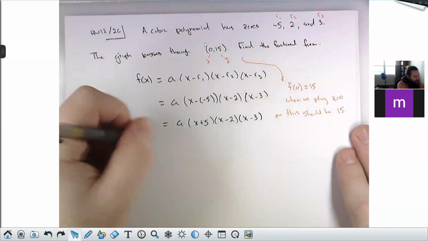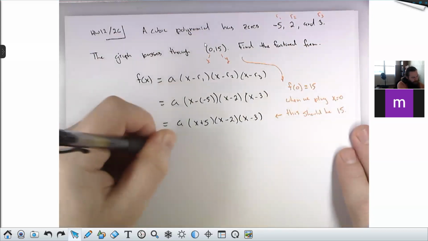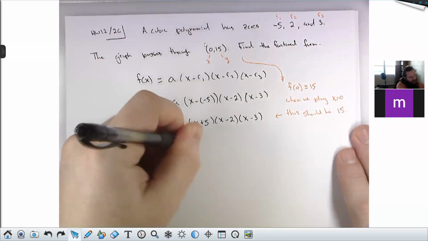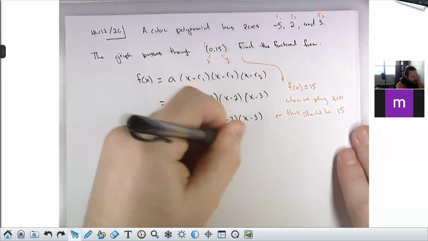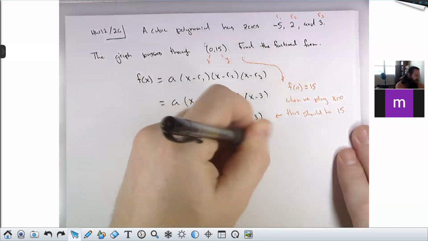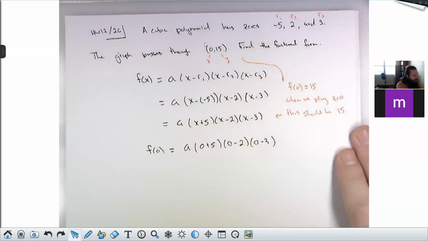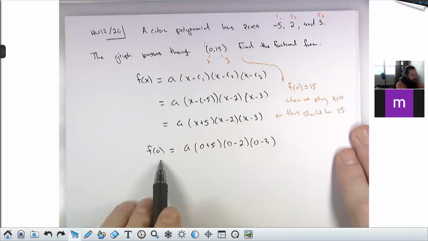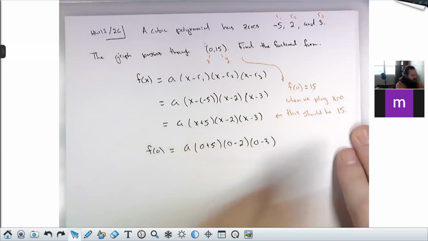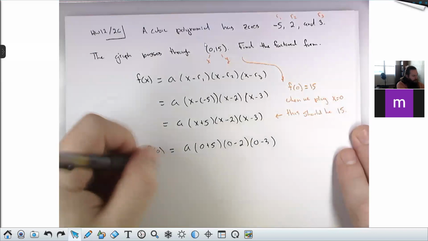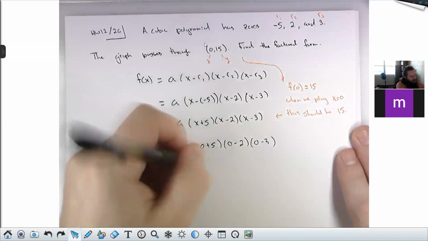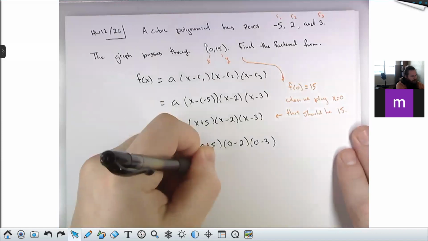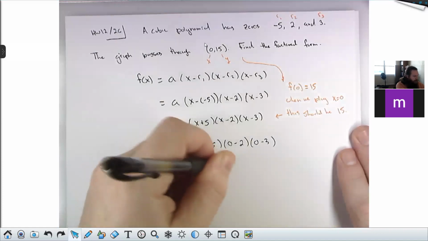If I plug in x equals 0, f of 0, I get a times (0 plus 5) times (0 minus 2) times (0 minus 3). F of 0, this thing I've been told is 15. This whole apparatus should be equal to 15. So 15 is equal to a times 5 times -2 times -3.